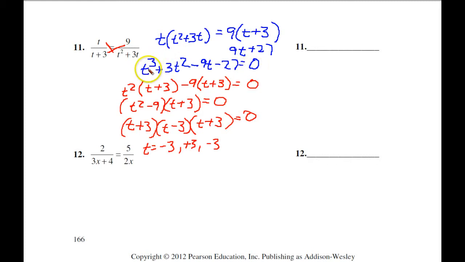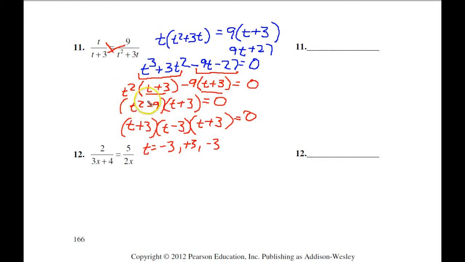Now I have an equation to the 3rd degree, but it's 4 terms, so I'm going to factor it by grouping. Take these 2 terms, and I can take a t squared out of these, and here I'm going to take a -9 out of these, and I have this common factor that I put here.